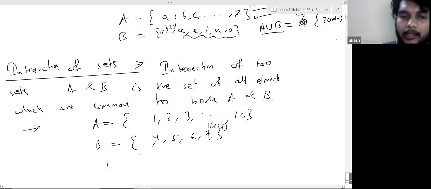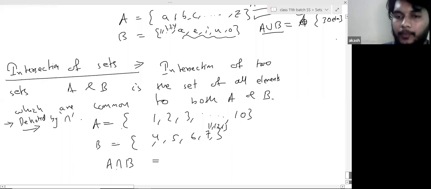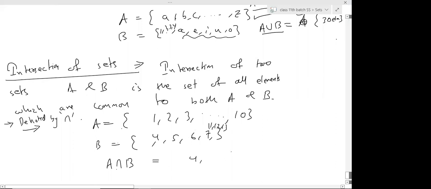Now, if I ask you A intersection B, this is the symbol. It is denoted by an inverse U. So A intersection B will be the common elements between A and B. What will be the common elements here? 4, 5, 6, 7.